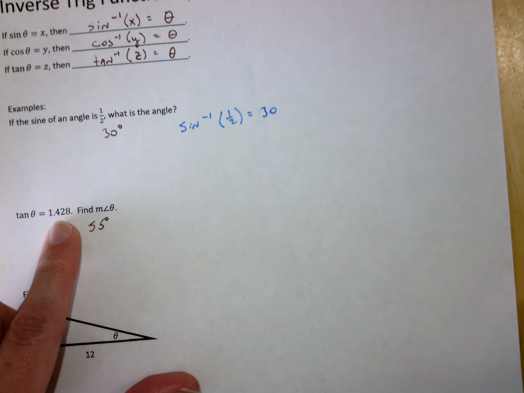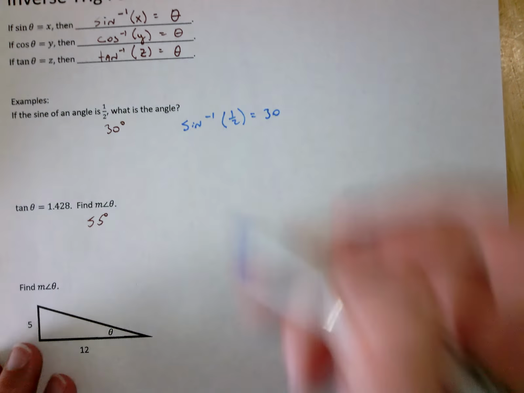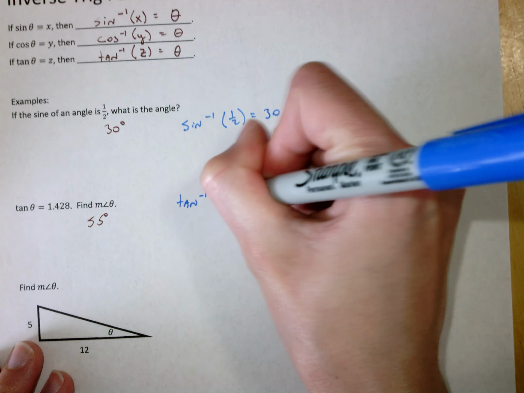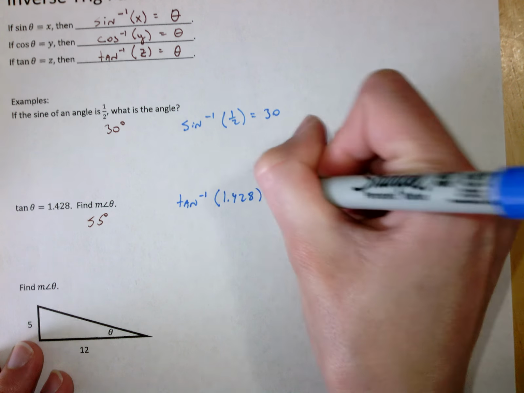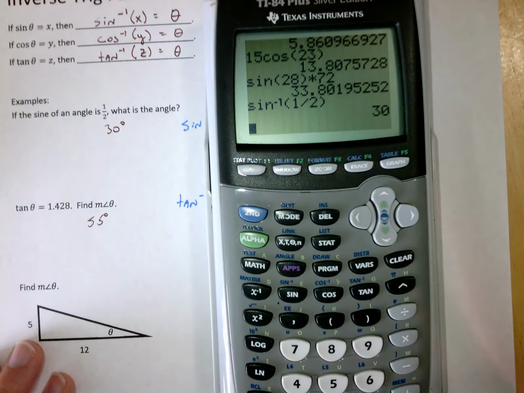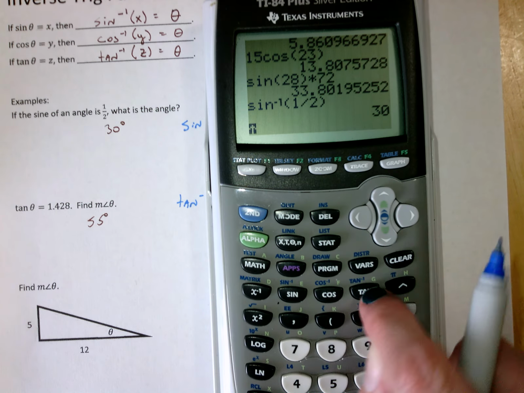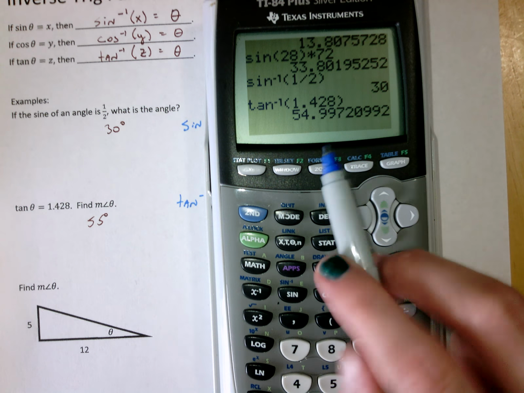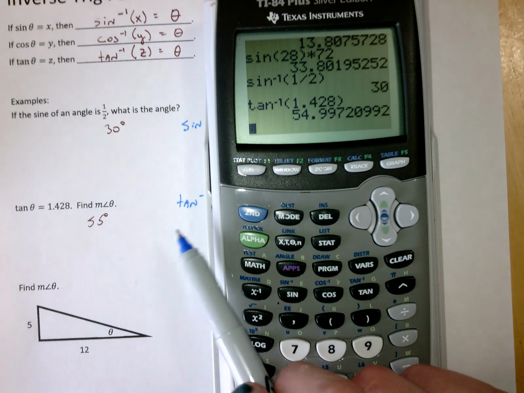Okay, similarly on this problem, the tangent was this, so we want to find the angle. So I'm going to do the inverse tangent of 1.428. So on my calculator, second button, and then tangent, and then 1.428. Okay, and now you might be looking and saying, oh, Miss King, it's not exactly 55 degrees, right?